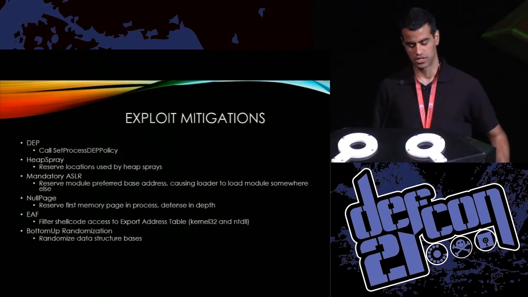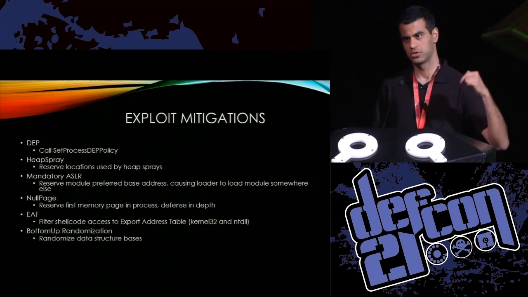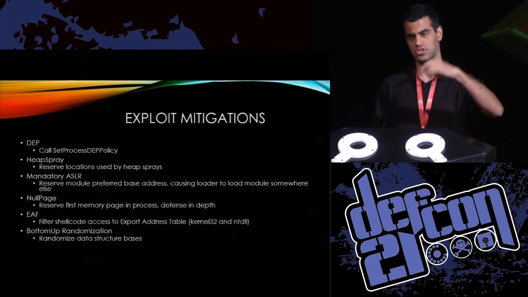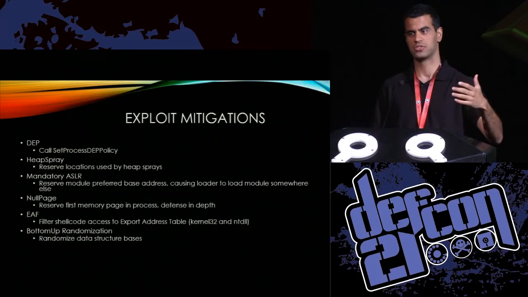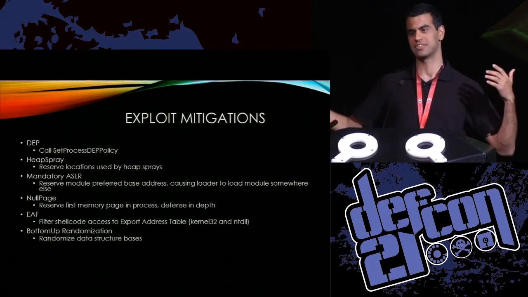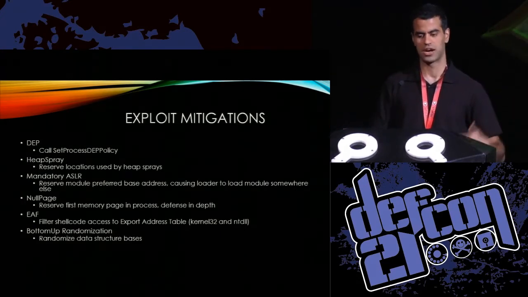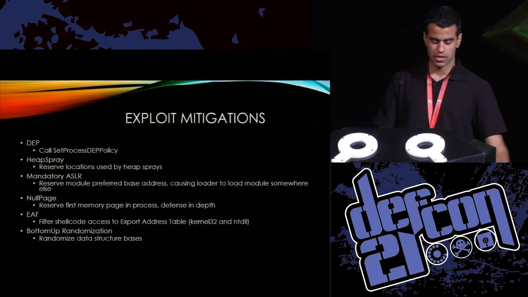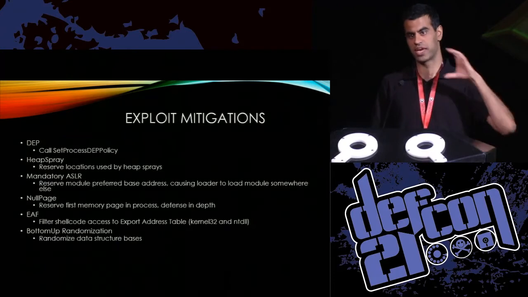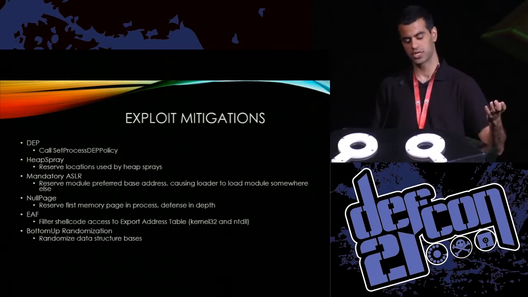We have the mandatory ASLR, which reserves the preferred module loading base address so that the module cannot end up loading there. It reserves it so that it's not able to load there, so it has to load somewhere else, which is effectively ASLR, but obviously newer ASLR techniques on newer versions of Windows are safer. They have higher entropy and stuff. We have the null page mitigation, where we reserve the page at address 0, so that you can't abuse null pointer dereferences or null pointer bugs.